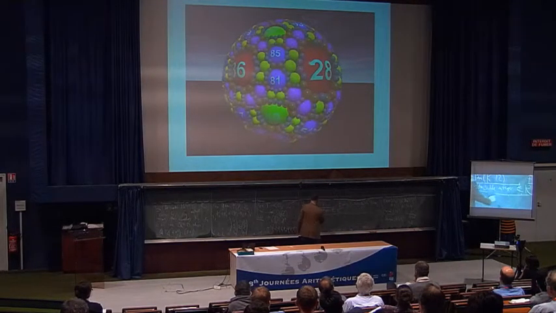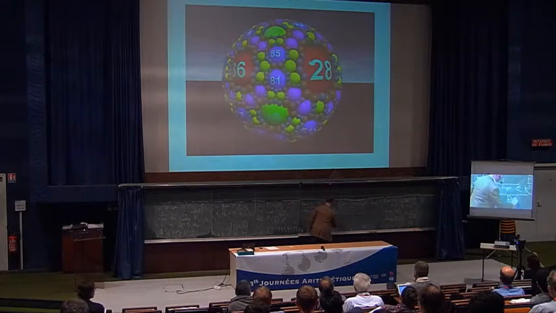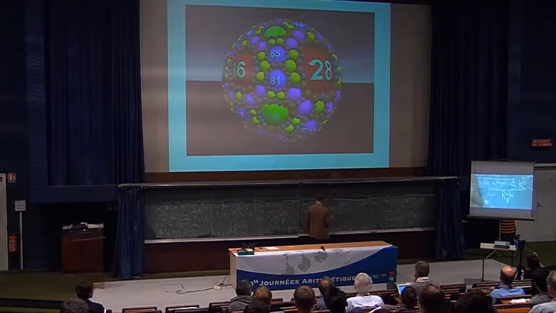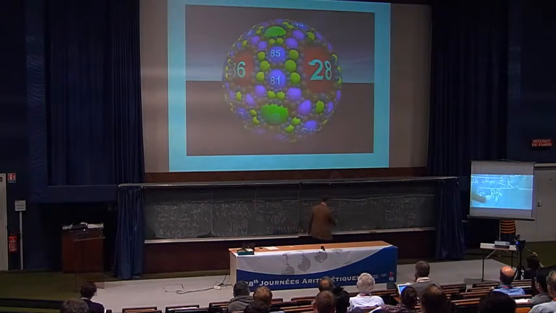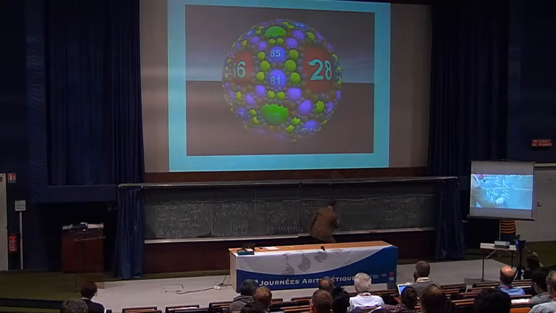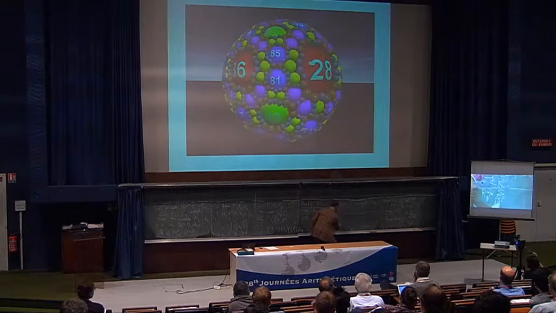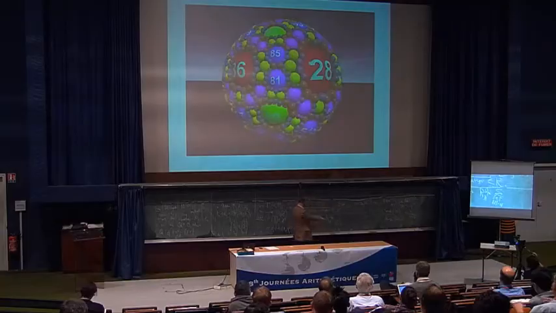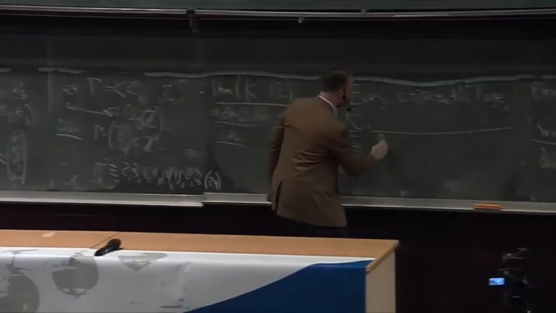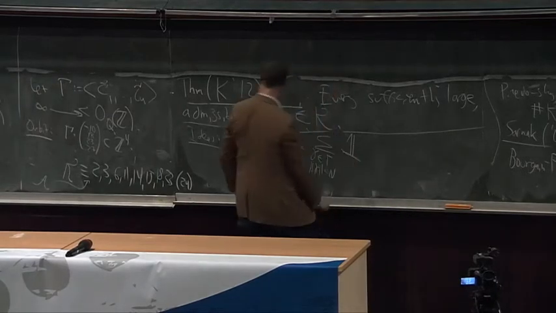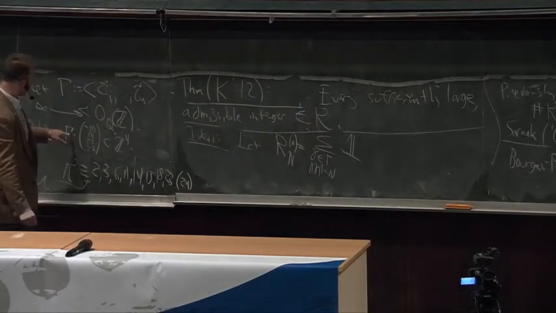So let R_N(n) be... let's try to understand which integers arise here. So let's sum over elements in this group of norm at most N. I just want to compactify the problem. And let's take the indicator function of gamma times this.